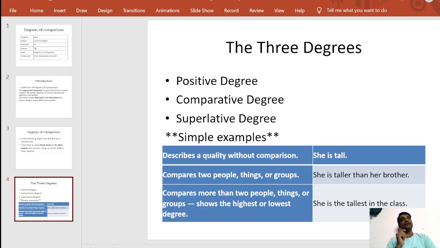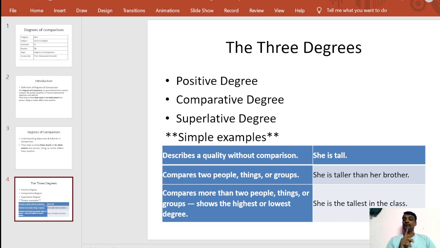the degrees of comparison with words ending in "est": tall, taller, tallest; good, better, best; fast, faster, fastest.